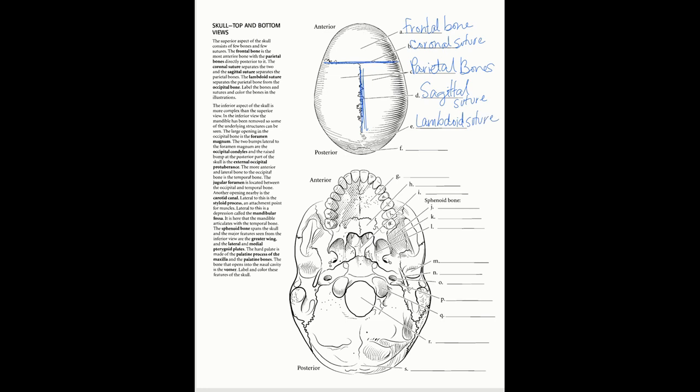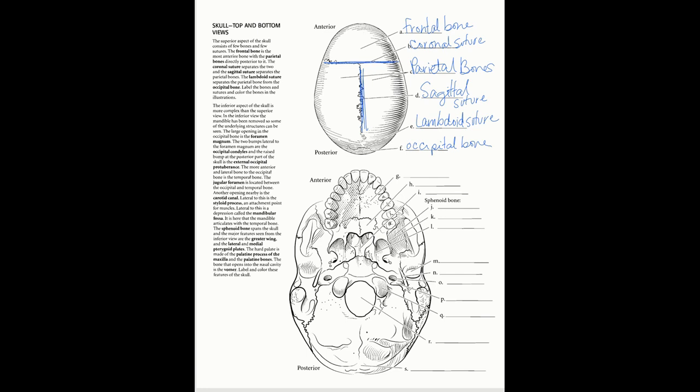And finally, F is our occipital bone. All right. That covers the superior, not a whole lot to it. Let's get into the inferior view.